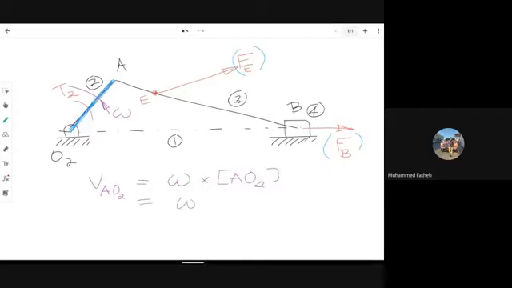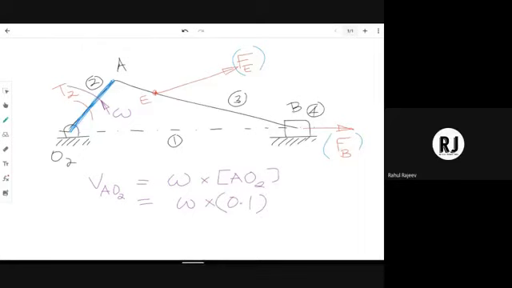So this will be omega multiplied by, what is the length of link number 2? What was the length of link number 2? 100 mm. That means this is 0.1 meter.